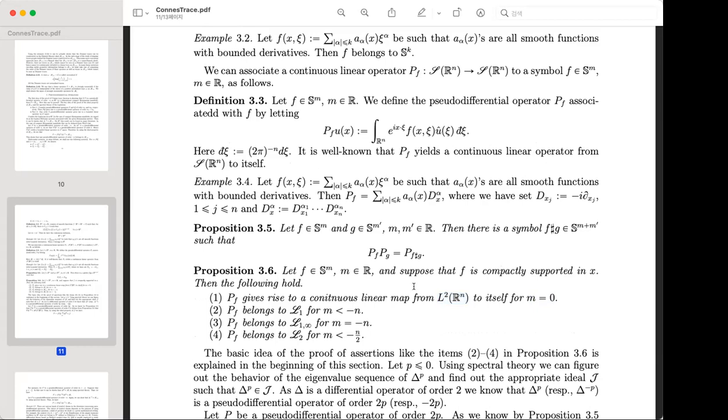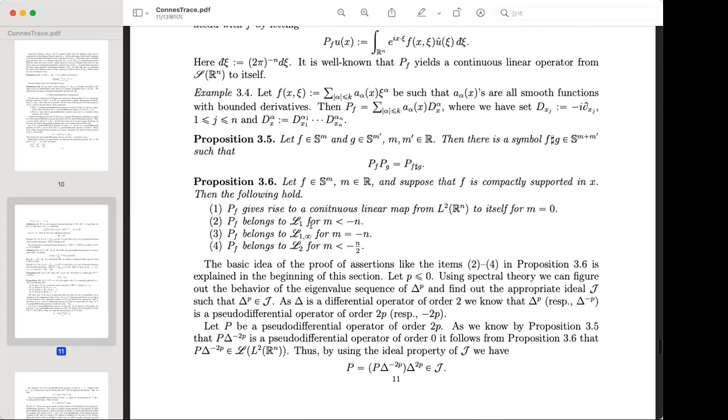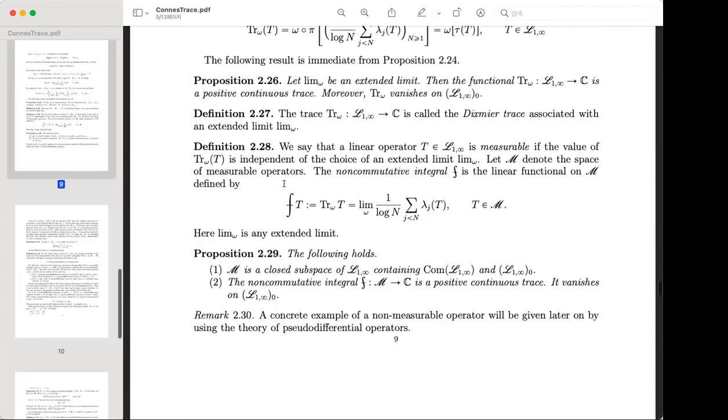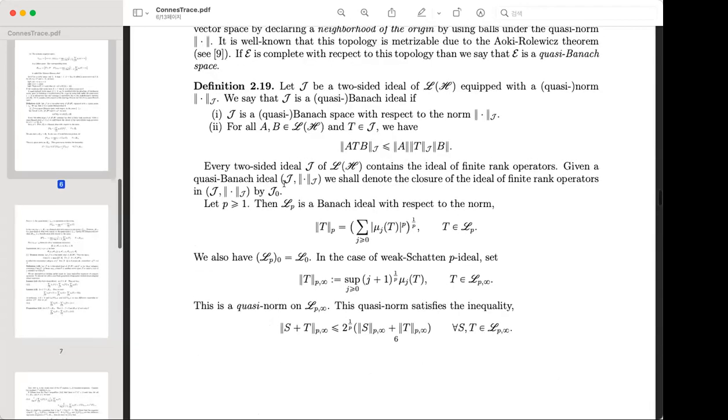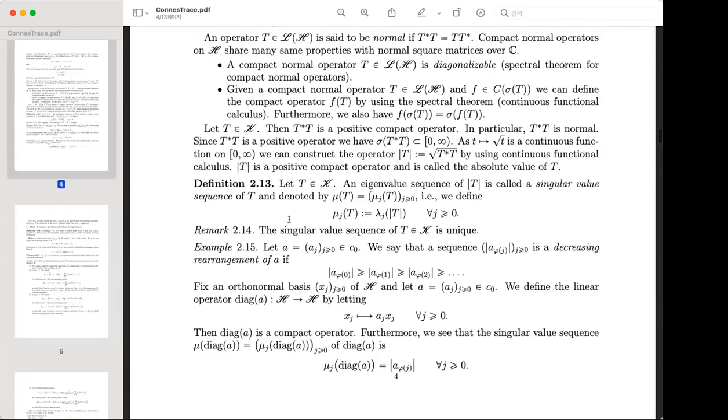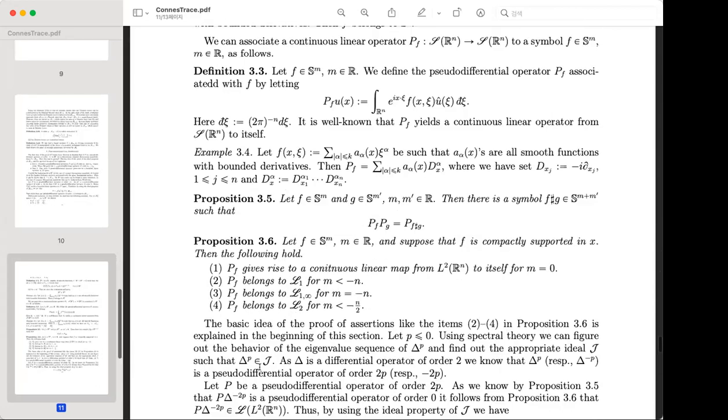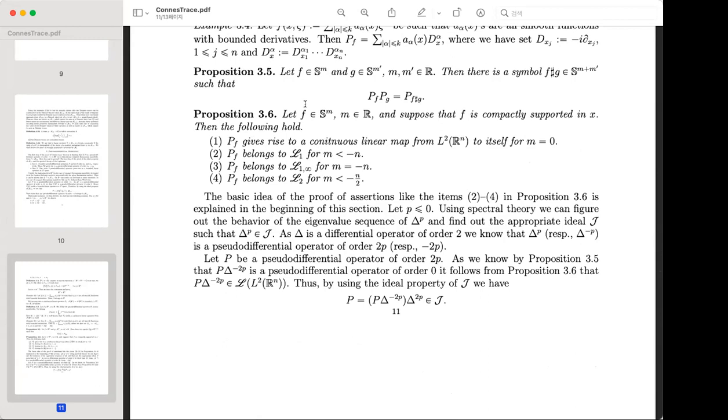And if the symbol satisfies a better decay, then the singular value sequence of the associated pseudo differential operator also has better decay.